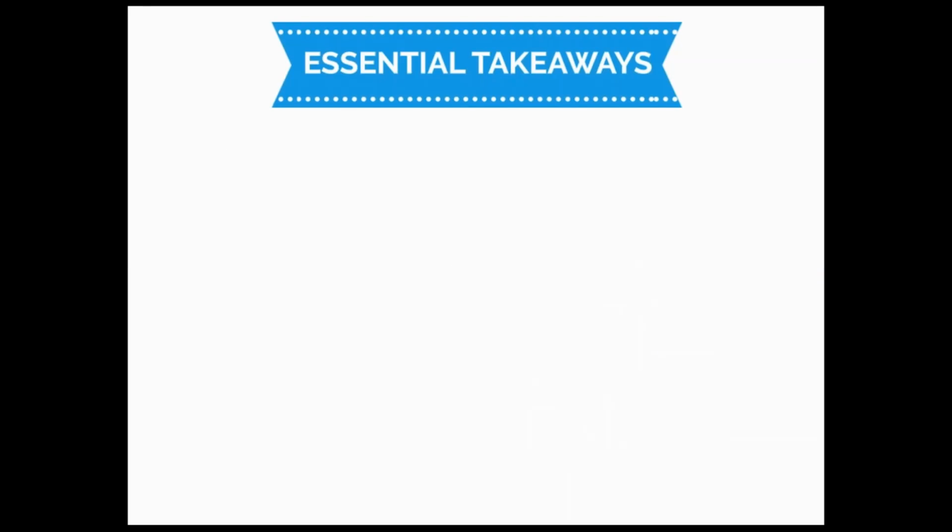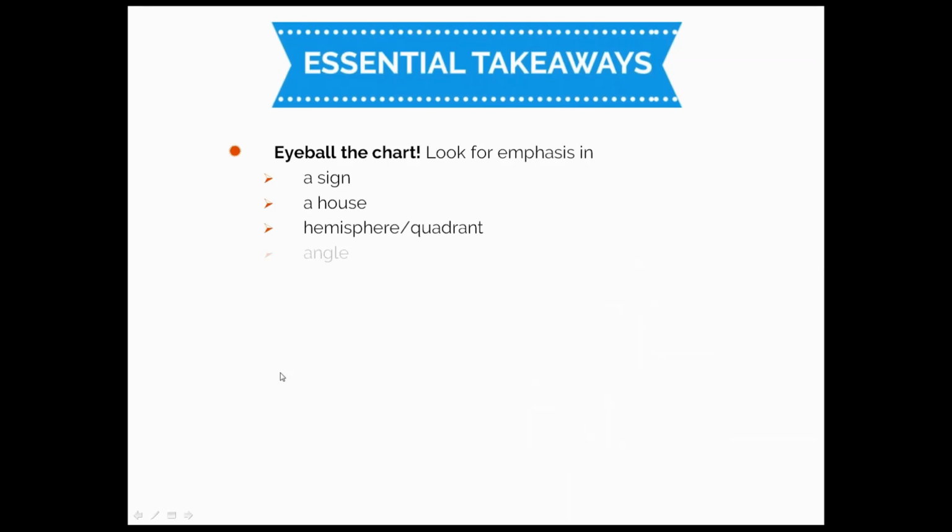So these are the essential things I would like you to take away from our session today. Begin approaching a chart by simply eyeballing the chart. Look for emphasis in a sign, a house, a hemisphere. We didn't really cover quadrants, or close to the angles. Then assess the sign, elements, and modalities for the planets to find out the person's qualities of temperament and their way of approaching things.